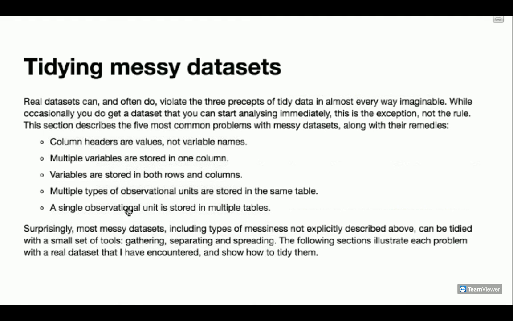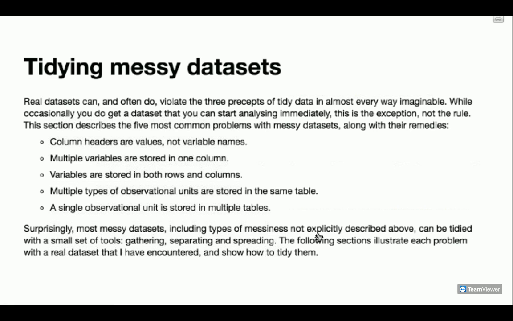And the other problem may be that a single observational unit is stored in multiple tables. Some of these concepts are borrowed from databases. If you are familiar with relational databases, some of these concepts look alike, where relational databases emphasize the need for normalization in the data, which is that each row has its own observation, and each column should have a different variable.